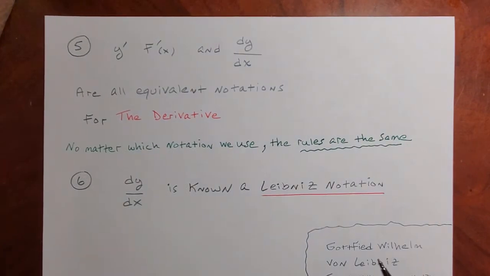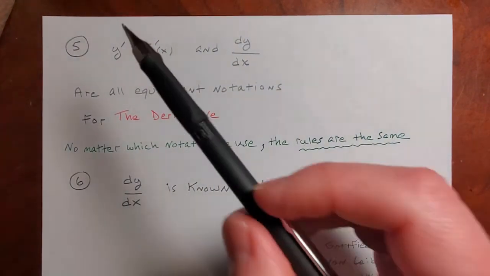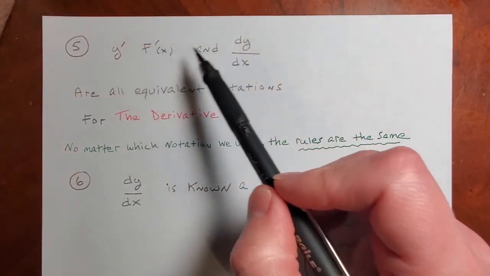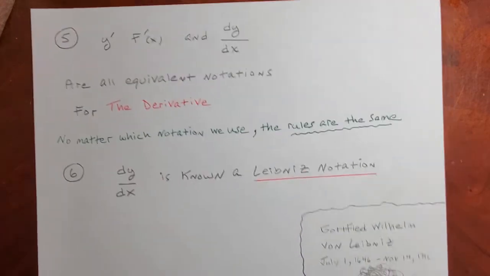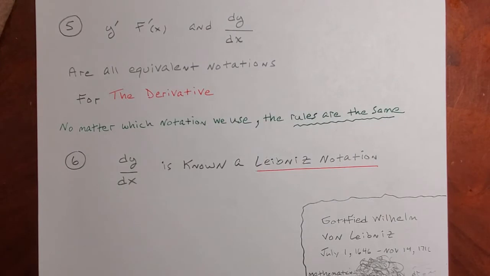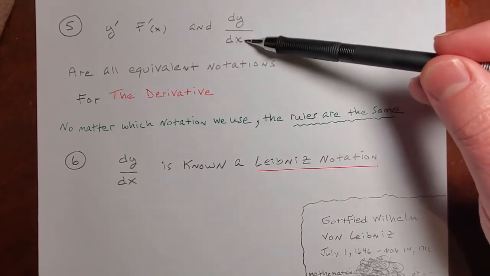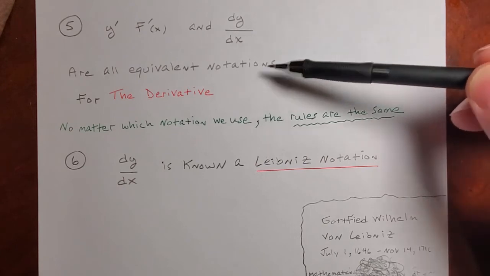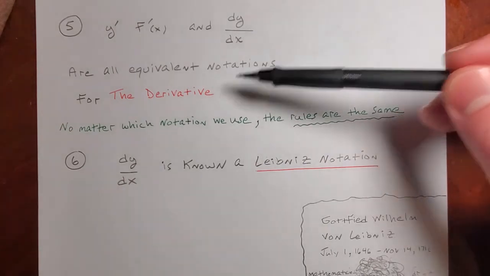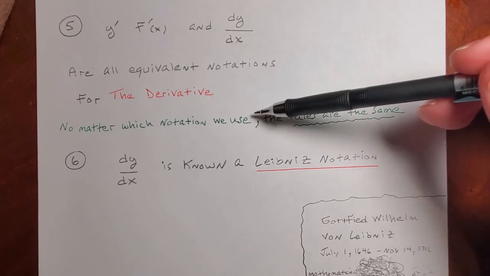As with most things in math, there are several different notations for the derivative. For the derivative, we could say y prime, we could say f prime of x, and we could say dy dx or dy over dx. They all mean the same thing. They're all indicating the derivative, and it doesn't matter which notation we use.